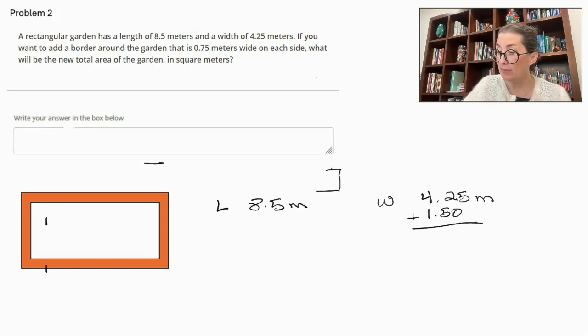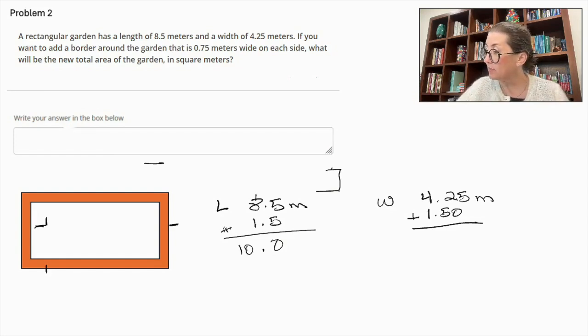And for the length, it's the same, 0.75 there and 0.75 there for 1.5 additional meters. So let's add those up. And here, 5, 7, and 5.